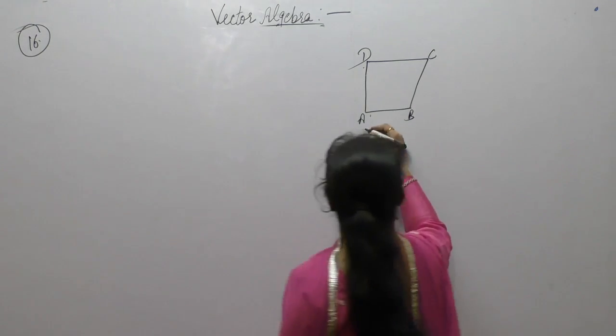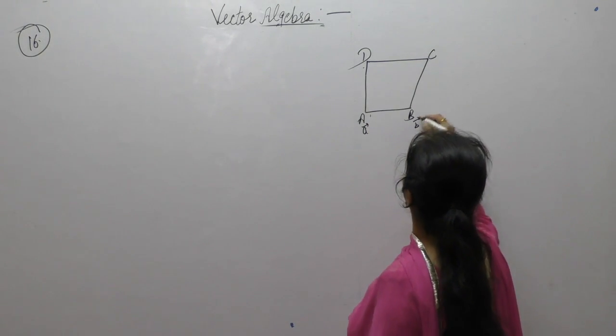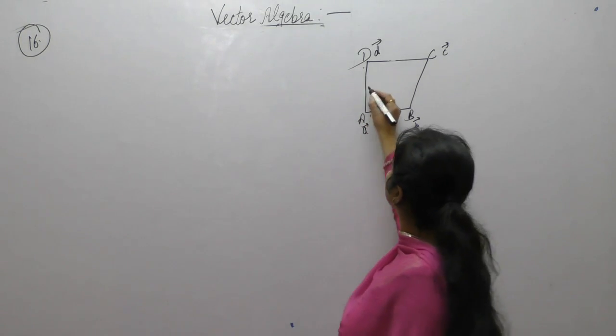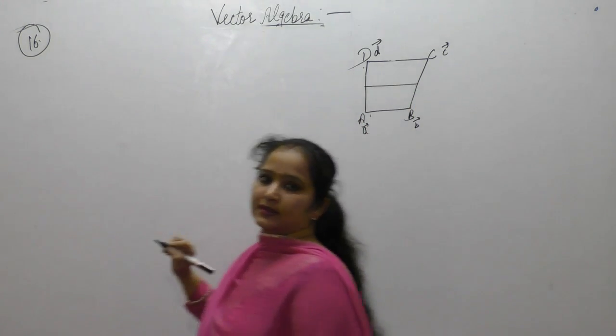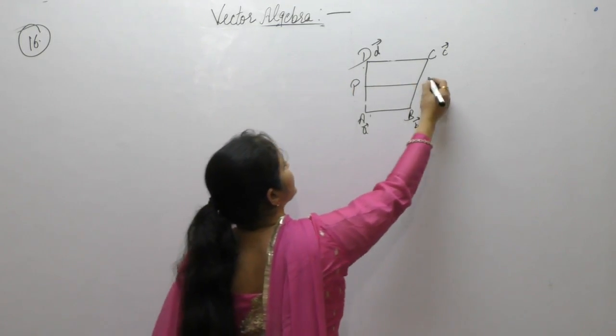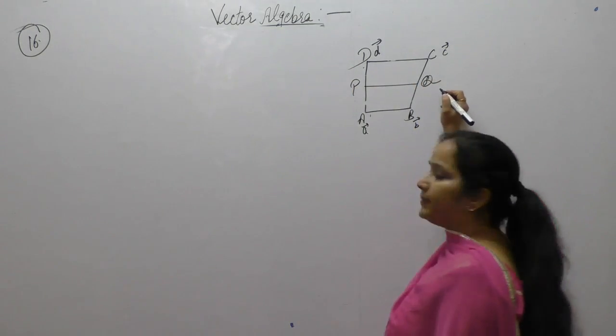Let ABCD be a trapezium with position vectors A, B, C and D vectors. P and Q are the midpoints of the sides AD and BC.